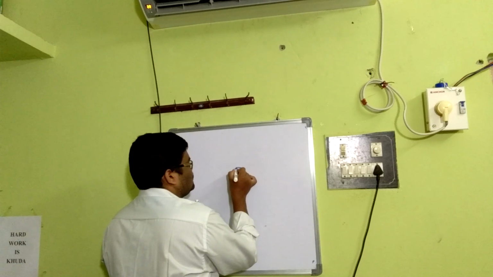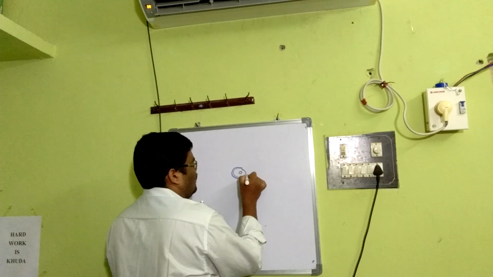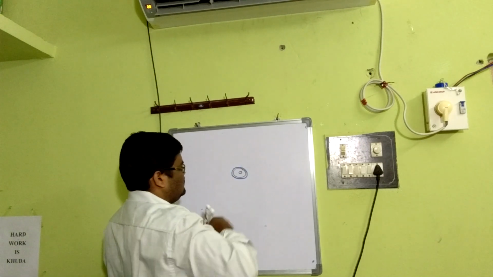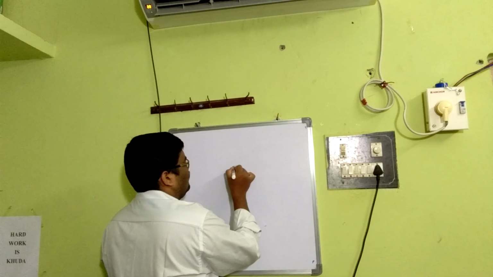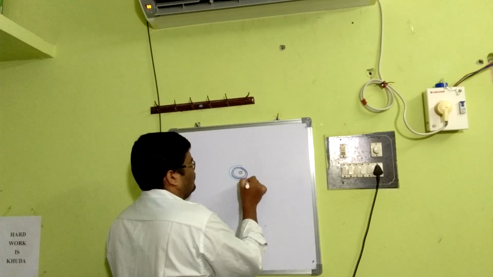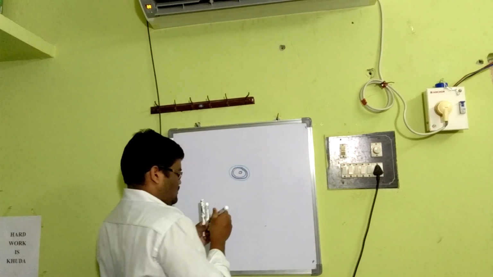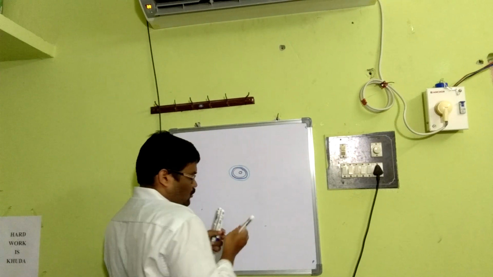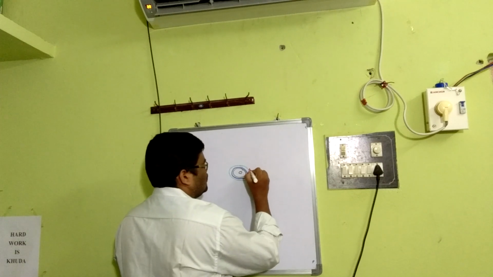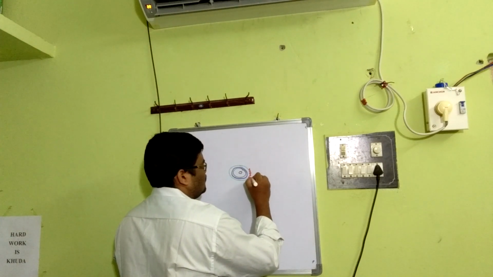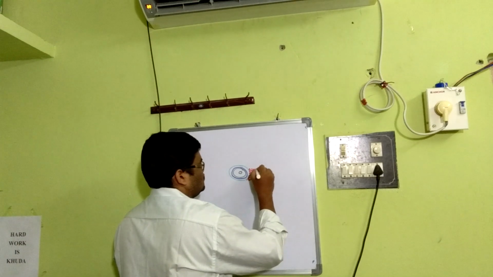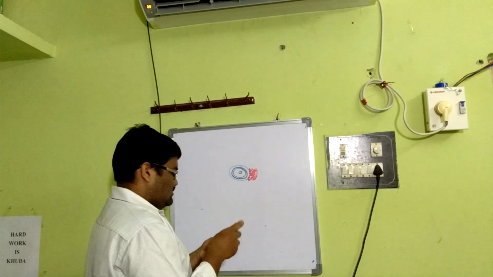Then this is the zona pellucida. Then this is the corona radiata. Then these are the cumulus oophorus.